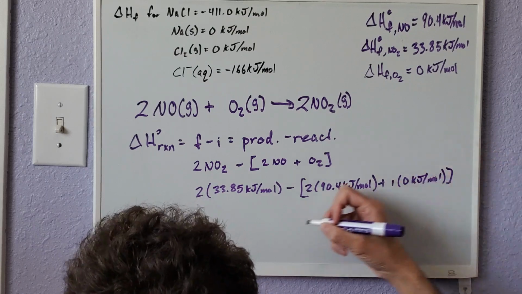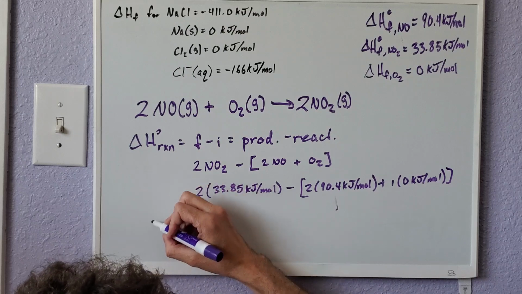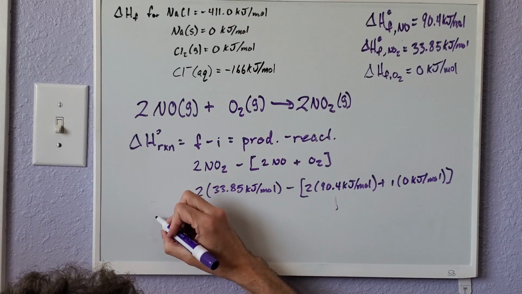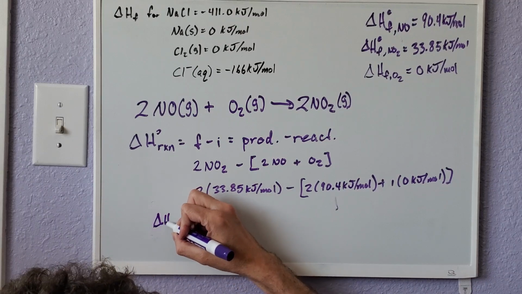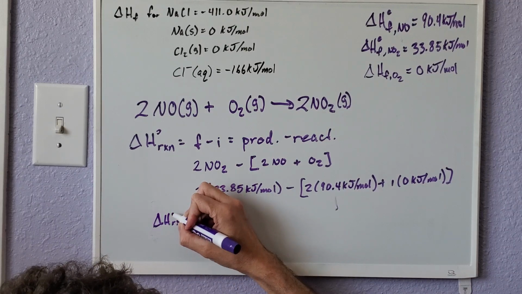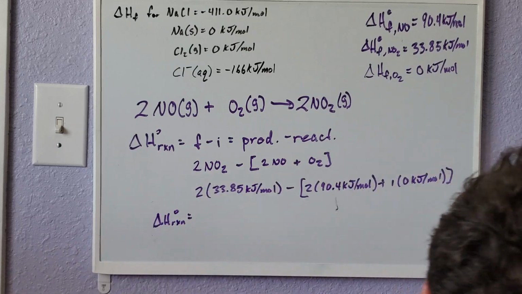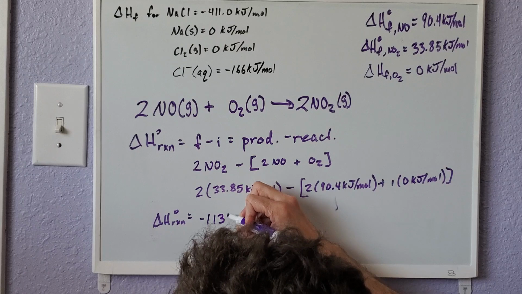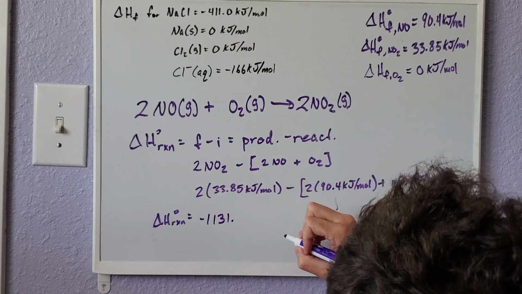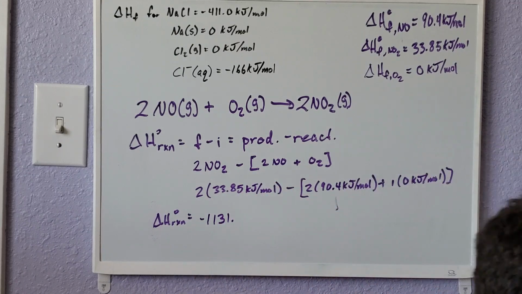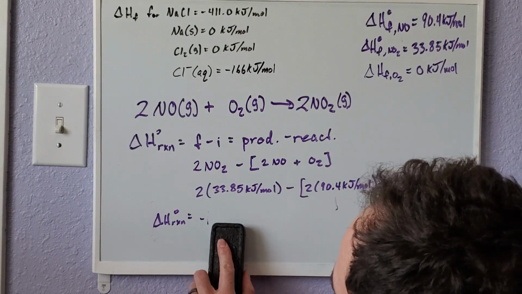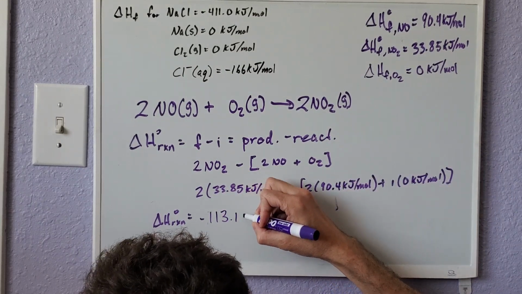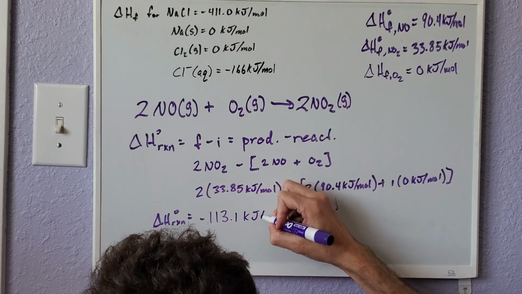And so all you need to do after that is add up the values, and you have your delta H. Your delta H of reaction with everything in standard state form is going to be 113.1 kilojoules per mole.